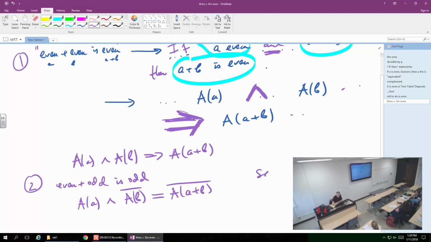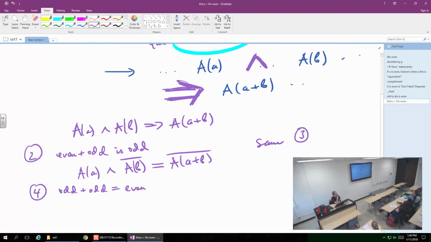Okay, so same for number three, even plus odd. And now number four is odd plus odd. You're comparing it to the first statement that you made. I only do it so we can skip these steps. If you already feel that you can do it, then you skip the steps and just write it out. Going backwards is much easier to understand; going from words to formulas is harder than from formulas to words.